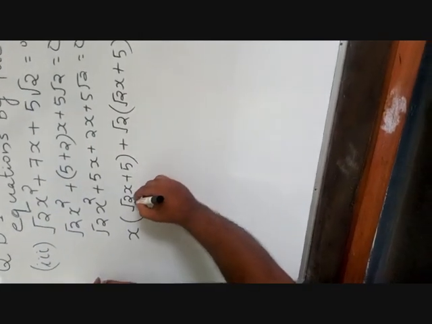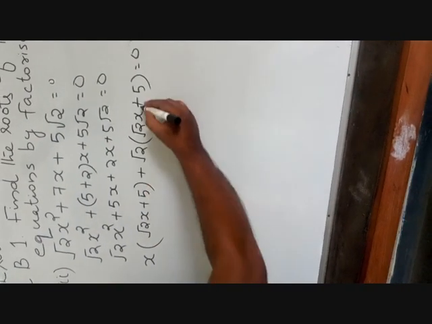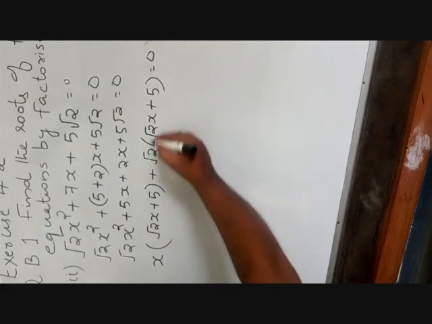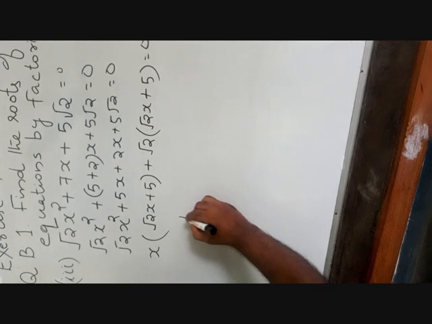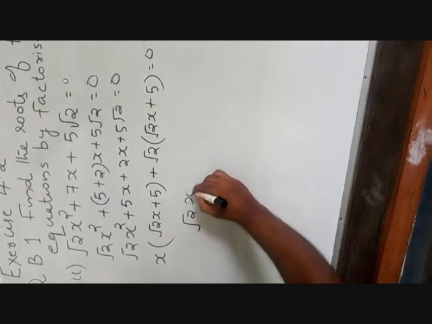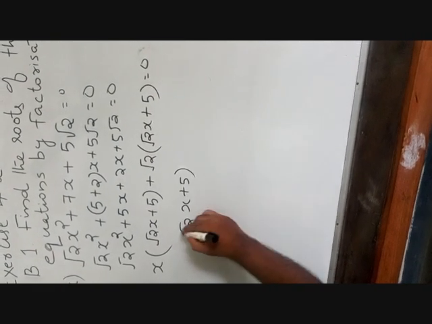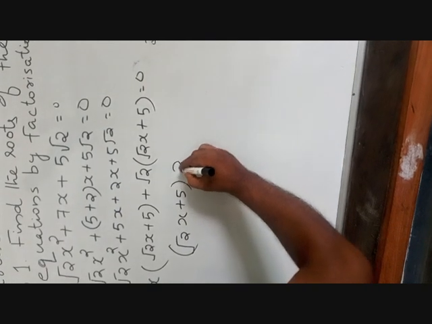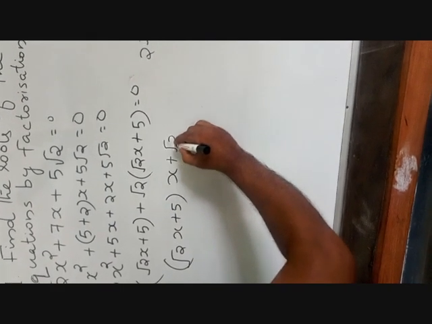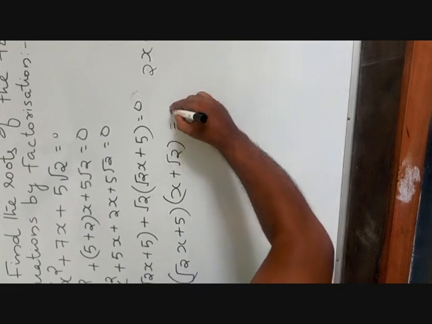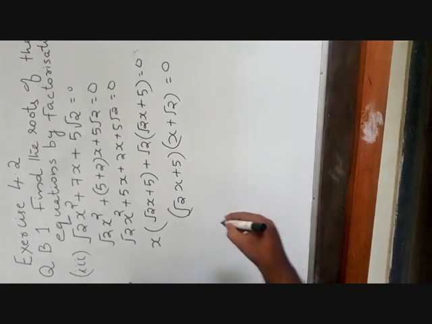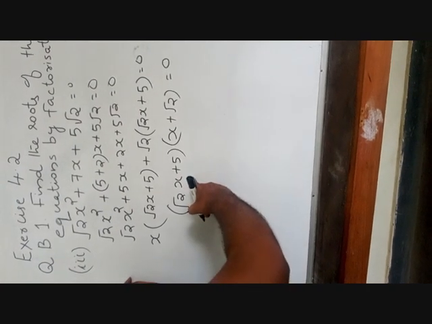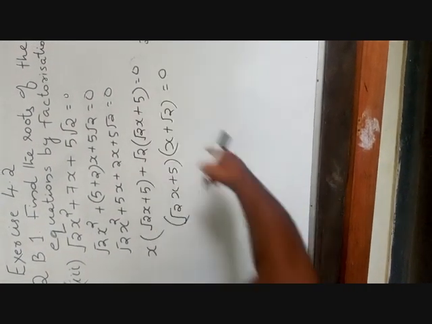Here the common factor is root 2 x plus 5. It came 2 times, therefore we can say this is a common factor. This we can take out. Root 2 x plus 5 into x plus root 2 is equal to 0. Here also the product of two terms is equal to 0.